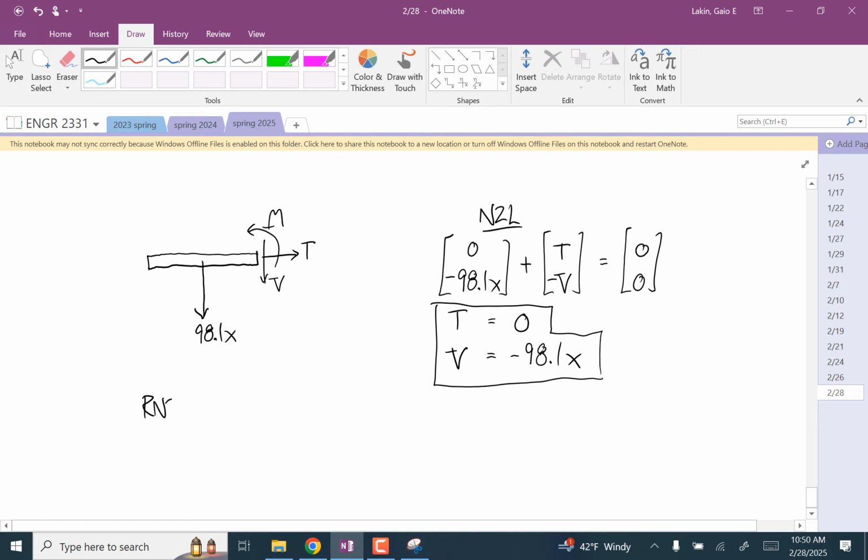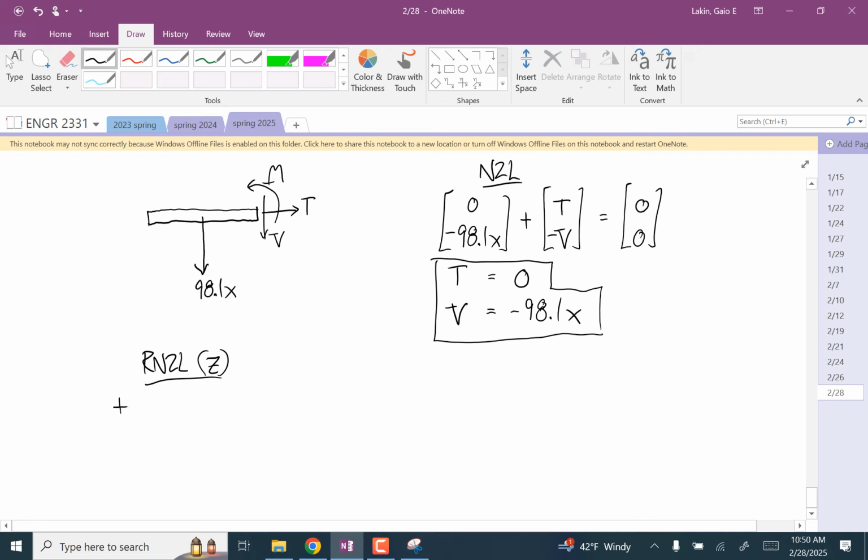And then the moment equation about Z, we have plus or minus a moment arm of x over 2, because that's where the centroid of that rectangle was, times a force of 98.1x, plus M minus Vx is equal to 0. So M is equal to Vx.